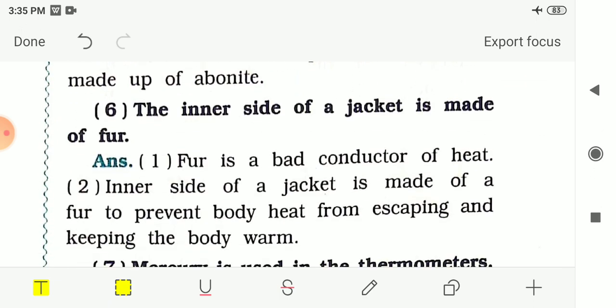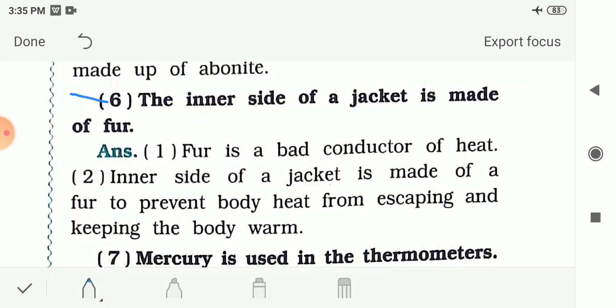Next, number 6. The inner side of a jacket is made of fur. Why is the inner side of the jacket made of fur? Fur is a bad conductor of heat, and the inner side of a jacket is made of fur to prevent body heat from escaping and keep the body warm.